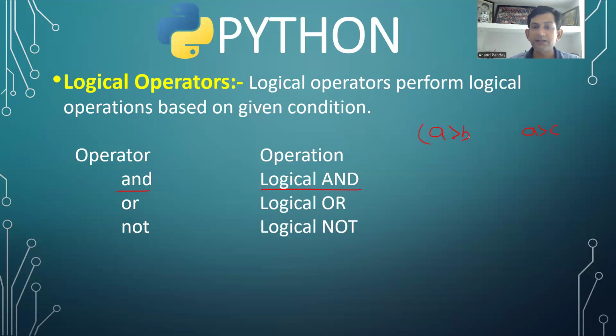Now, if we are joining them by the and operator and making one single condition, the final result will depend upon the result of these two conditions. How? If you are joining two conditions using the AND operator, if any one of the conditions is false, the result will be false.